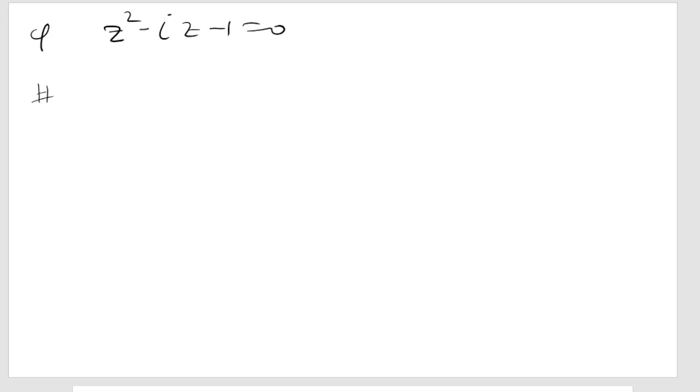So see this equation, again note down this part. In ax square plus bx plus c = 0, here a, b, c can be either real or imaginary, it doesn't matter.